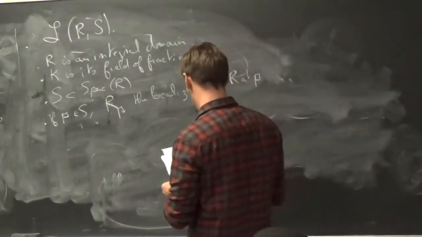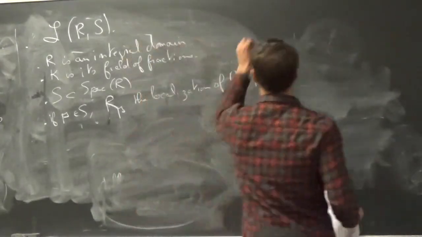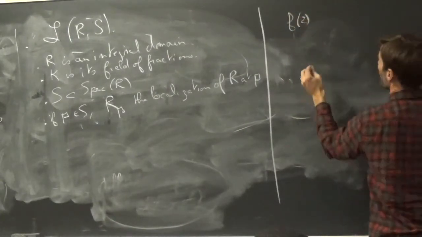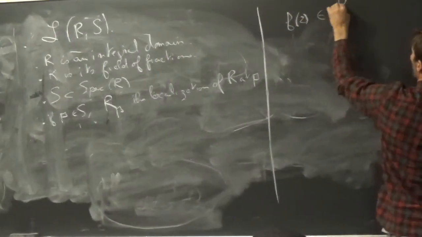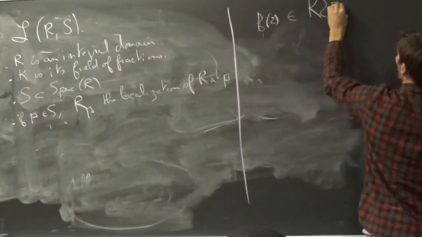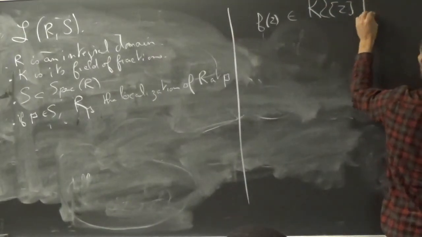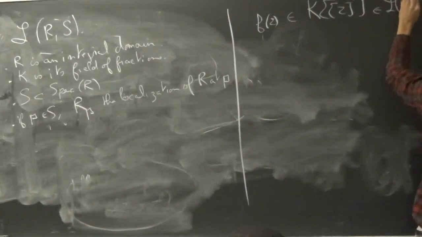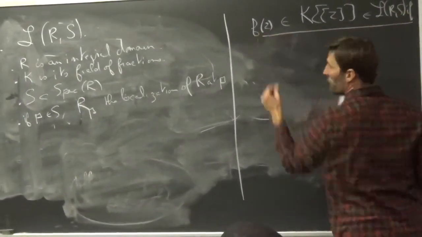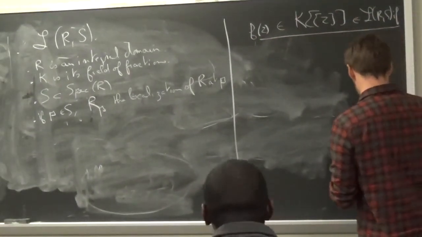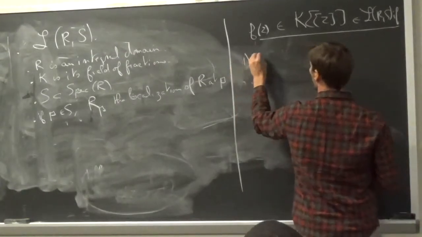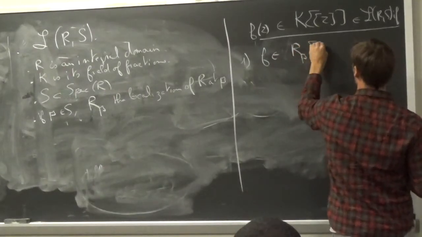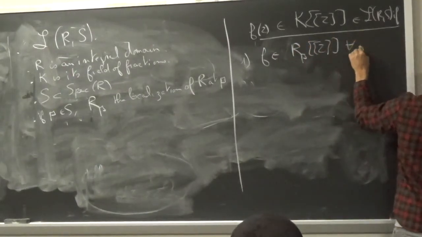Now we say that f(z), which belongs to K[[z]], so a power series like this, belongs to this set L_S if we have the following things. So first, f belongs to R_P[[z]] for all P in S.